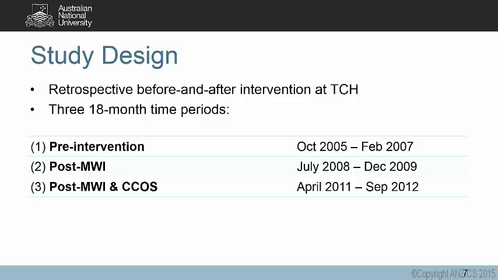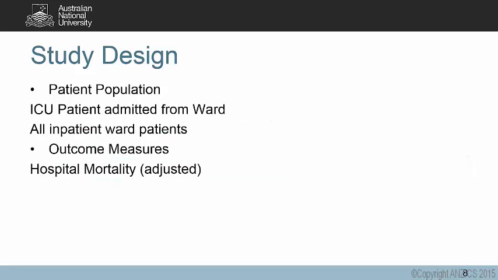These time periods range between 2005 and 2012. The populations we were interested in were ICU patients admitted from the ward, as well as all inpatient ward patients. And the outcome measure was hospital mortality.